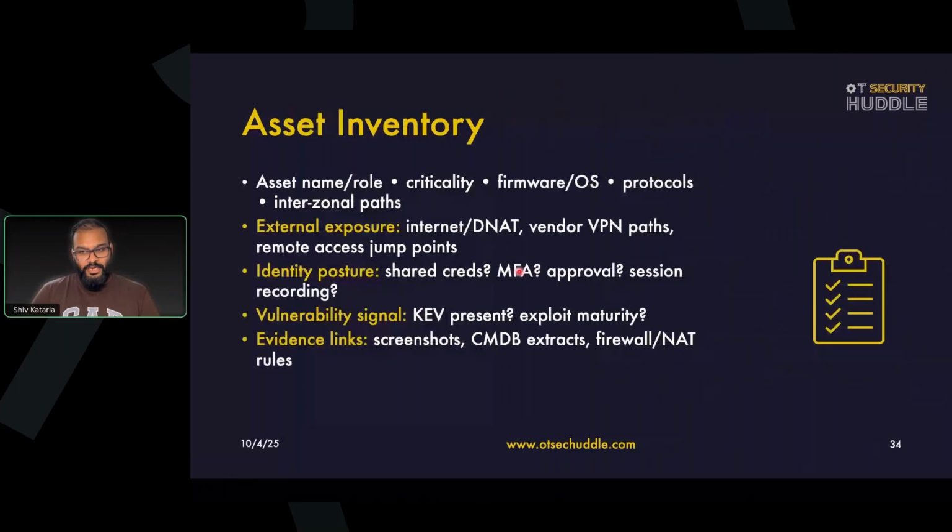What do you really need in the asset inventory? At minimum: the name of the asset, what kind of role that asset is playing, and what its criticality is. You need firmware, OS, the protocols that these assets are working with, IP addresses, and whether there is an interzone path for accessing that asset. Like, a PLC in one system, can it be accessed by another PLC in another system? Is there a requirement for that kind of access? If that access is happening, what kind of protocol is being used?